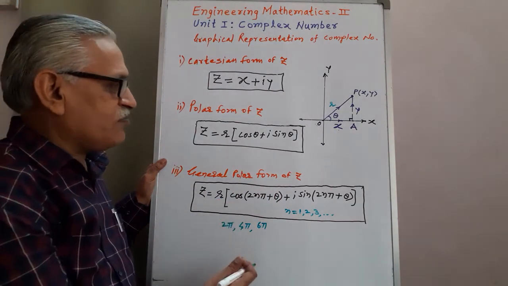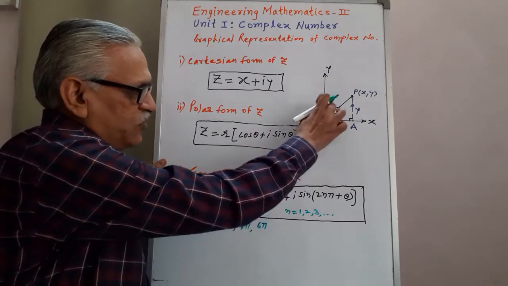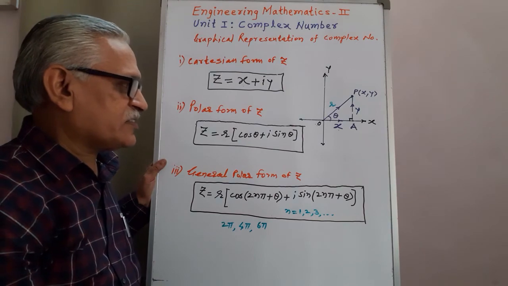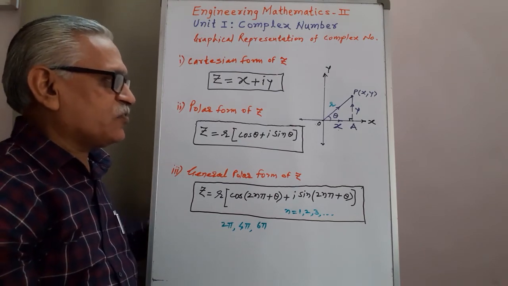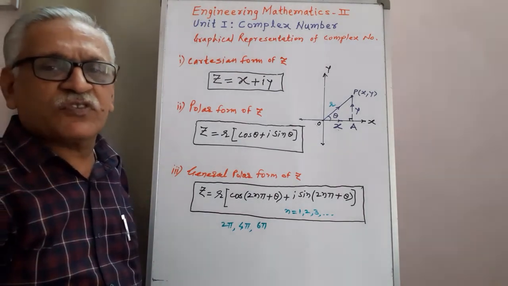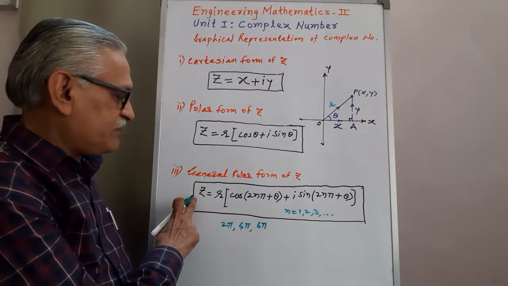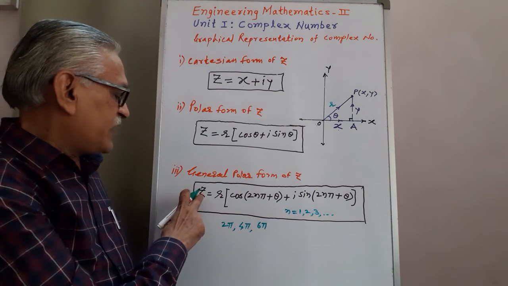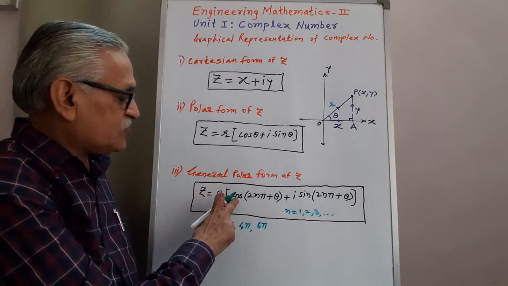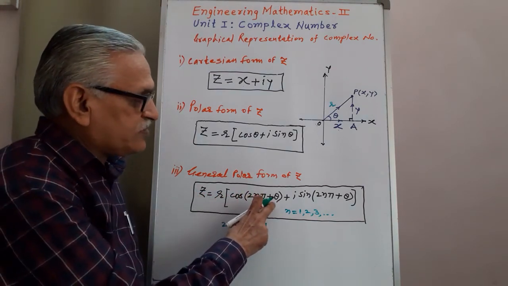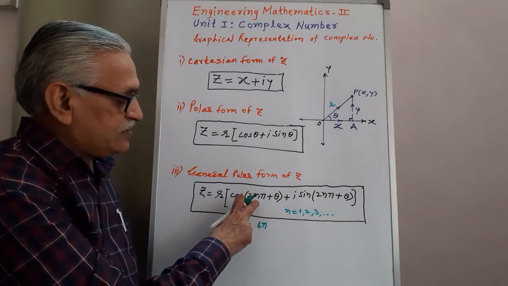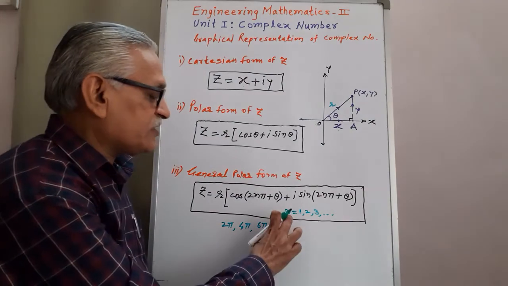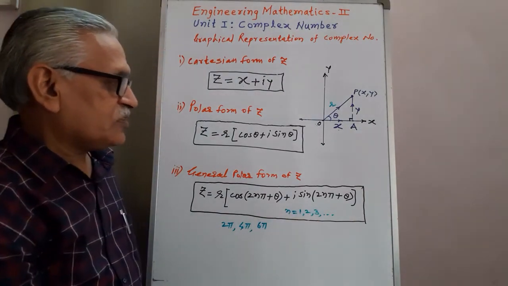And for the general polar form, if we rotate that vector by 360 degrees, for each rotation we get the same position of that vector OP with the same complex number, and therefore we get z = r(cos(2n pi + theta) + i sin(2n pi + theta)). Theta is changed by a multiple of 2 pi, where n changes from 1, 2, 3, and so on.